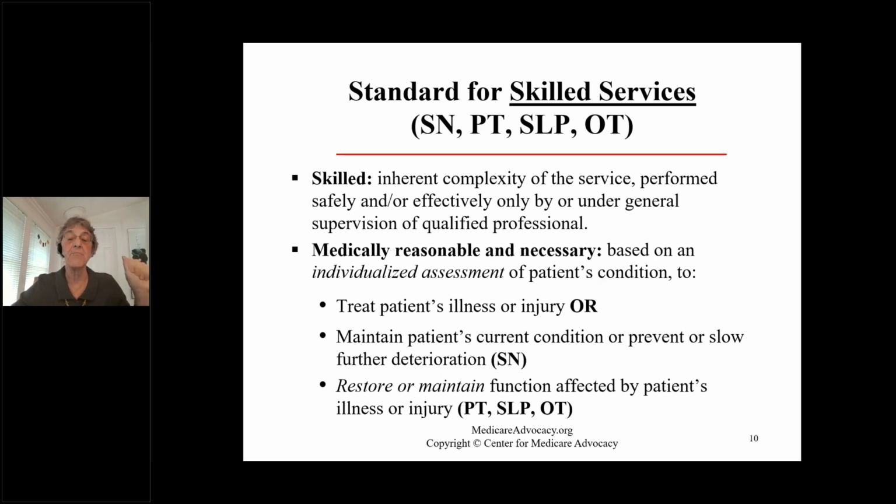You can get Medicare coverage if the skilled services are required to maintain the individual's function or slow deterioration. And that is extremely important and often honored in the breach. That is, people are told they're stable or they have reached their level of improvement, and then since they can't improve anymore, they can't get a skilled service and must be cut off home care. If that happens, please do contact the Center for Medicare Advocacy.